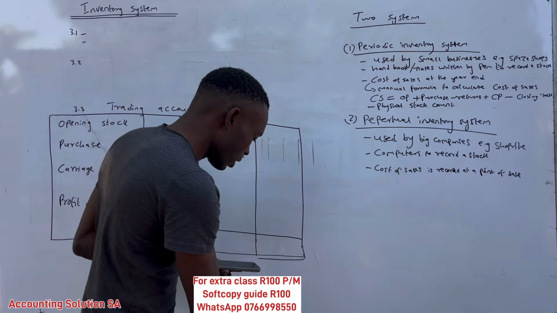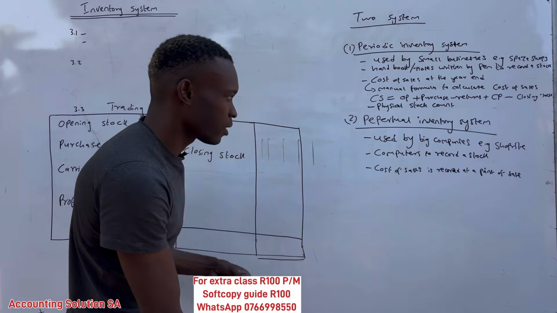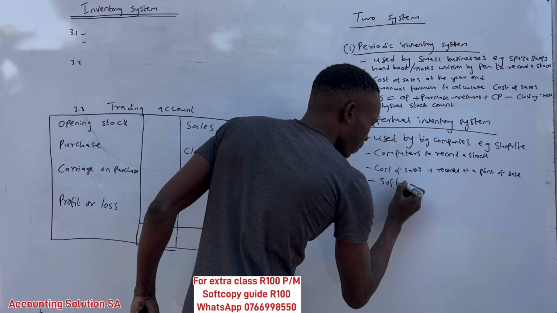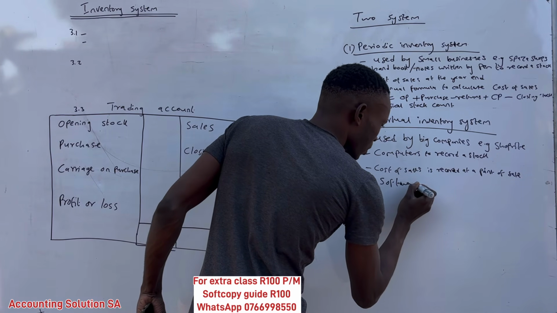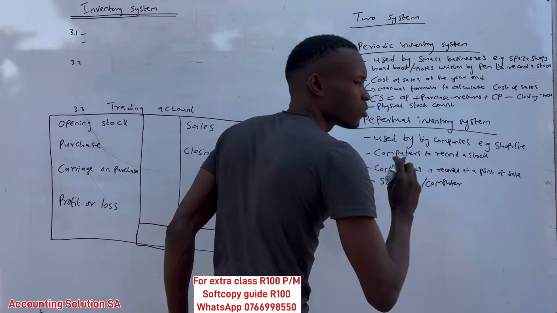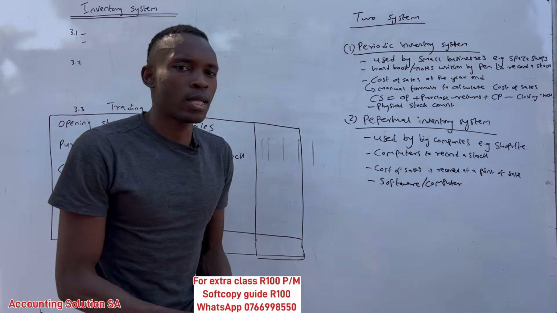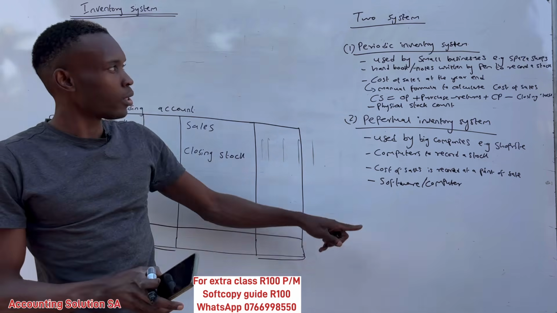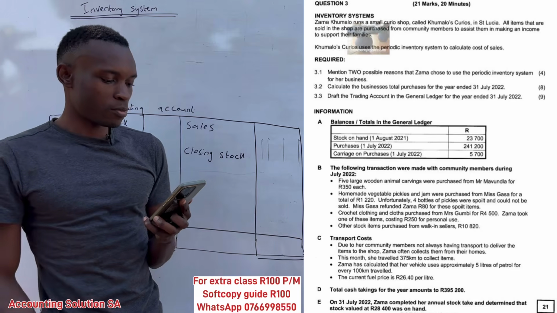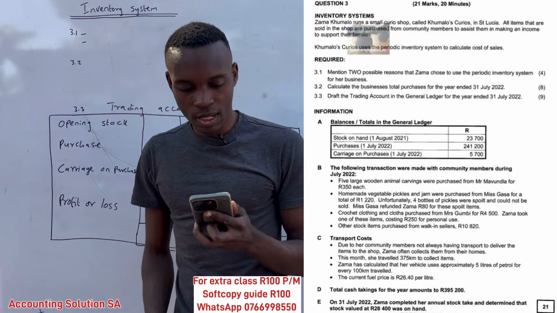But under the perpetual inventory system, software or a computer is going to do the job just like that. That's the difference that you need to know about these two systems. Now let's go straight to the question paper. I hope you have some understanding.